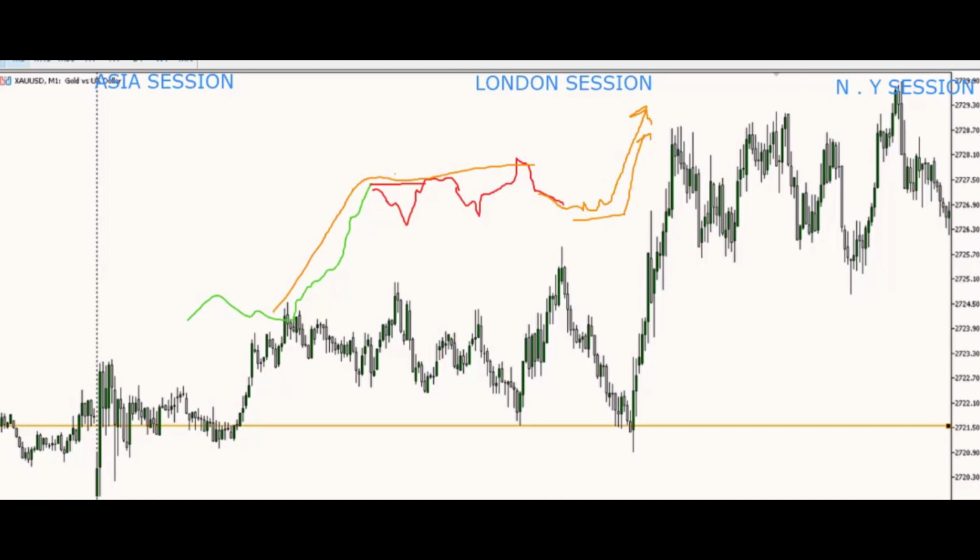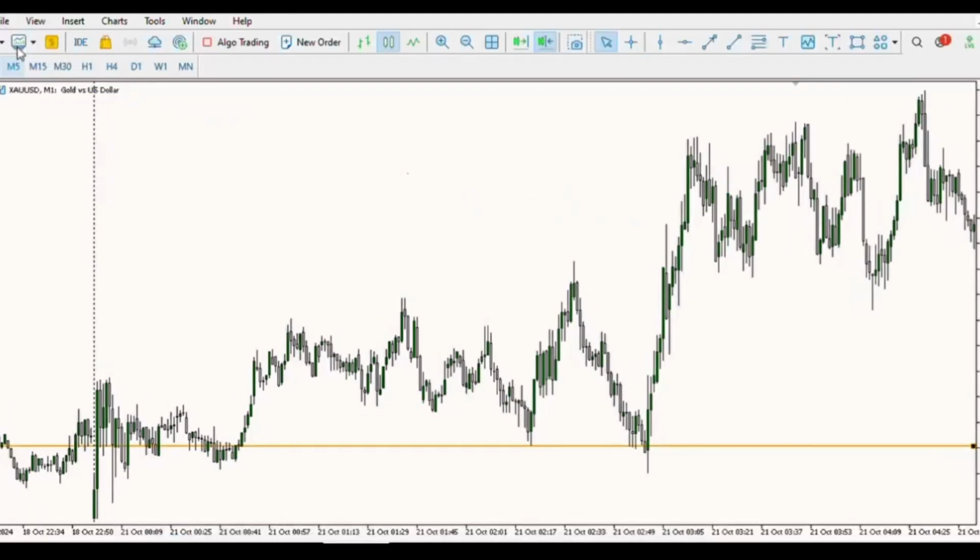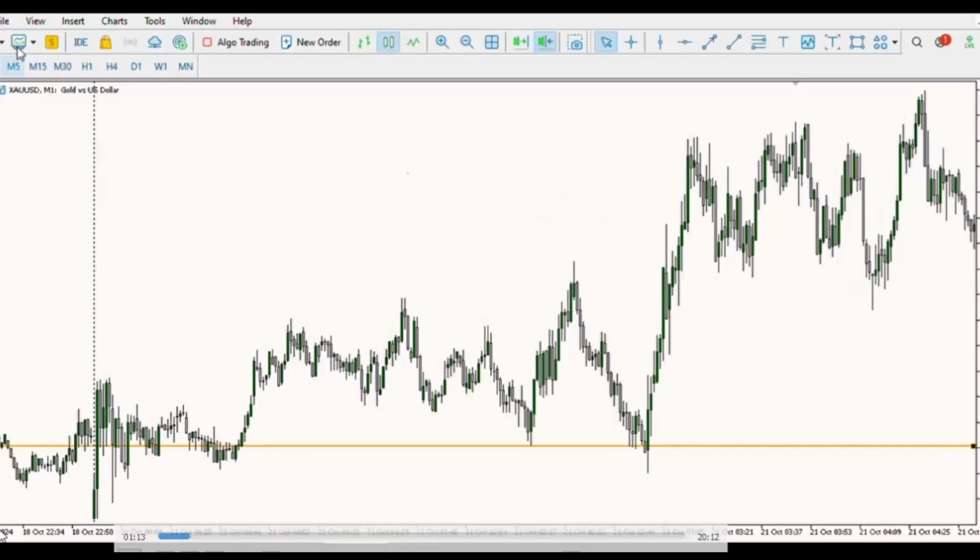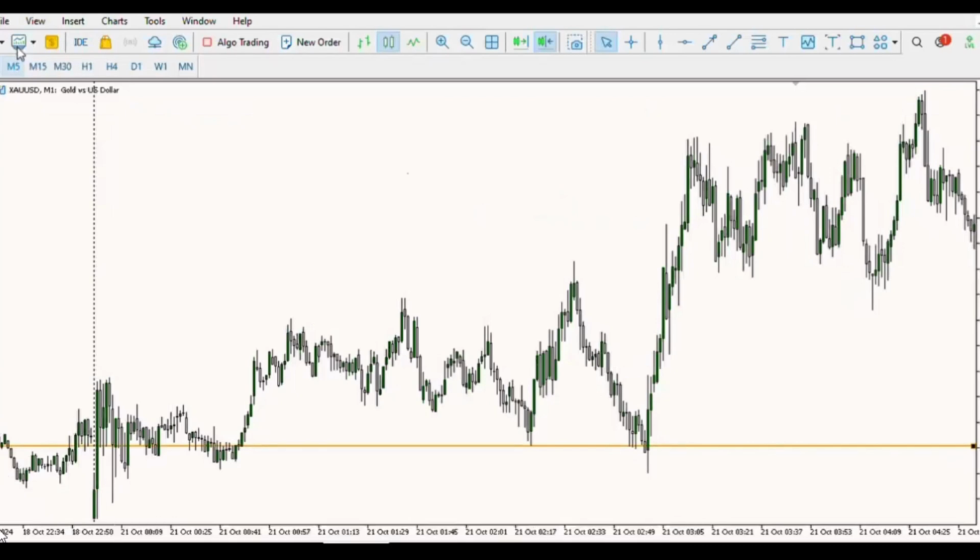If this happens, then what I'm looking for, come the New York session, is simple. We come to a significant level, and once confirming the level, a low-hanging fruit, we want to continue the idea that was started in the Asian session.